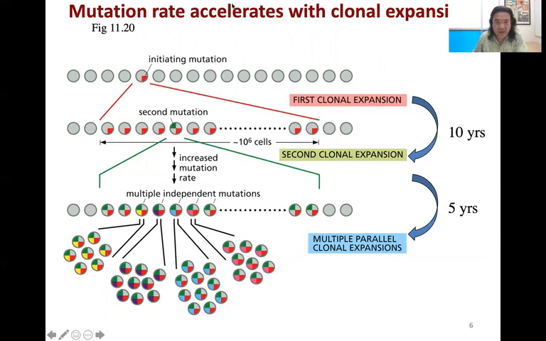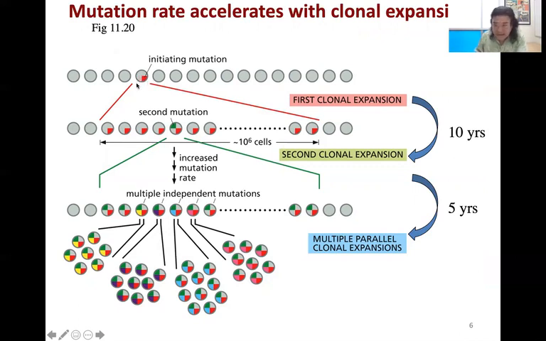This is a nice way of visualizing the time component of this. So let's say here we have an array of normal, healthy, differentiated cells in gray. So this is all the cells that are part of some tissue in your body. And let's say one day, one of them gets this hit. So this would be the initiating mutation that starts it transforming.